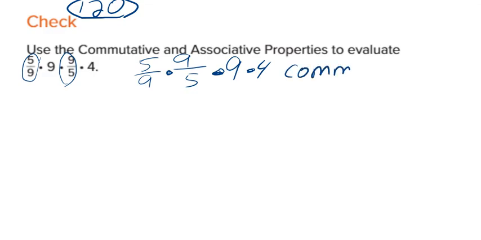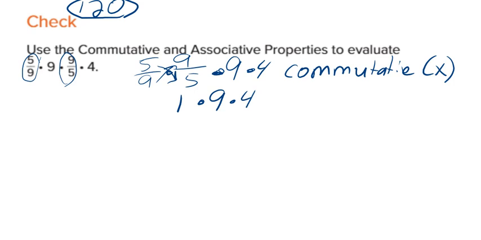So here they're going to have us do it with multiplication. I would rewrite it so that my fractions are near each other using our commutative property. So 5 9ths times 9 5ths times 9 times 4. And like I said, that's our commutative property.